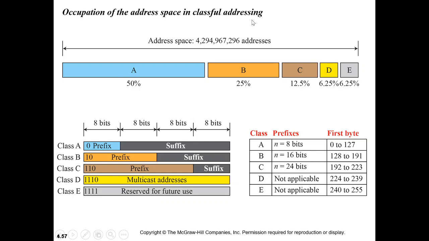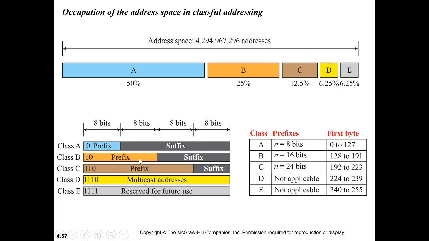See here, the total address space, which is more than 4 billion addresses, is divided into class A, class B, class C, class D, and class E. The address space for class A is 50%. Class B occupies 25% of total addresses. Class C occupies 12.5% of total addresses. Class D and E occupy 6.25% each of total addresses.